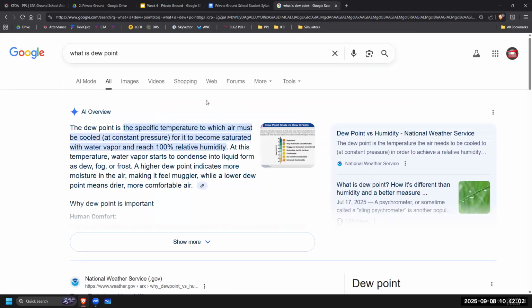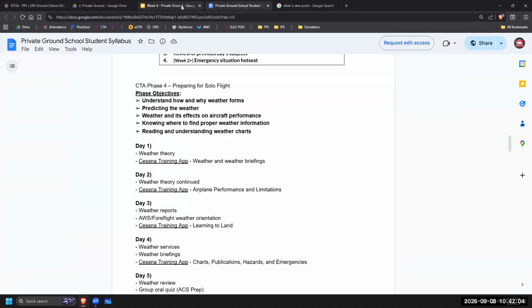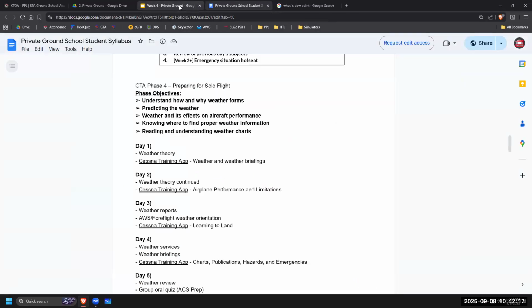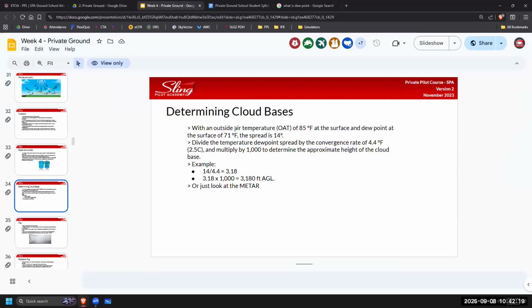Yeah, so the dew point is that saturation, that fully saturated air. So the temperature at which air must be cooled for it to become saturated with water vapor at 100%, right? So that's what they're talking about.